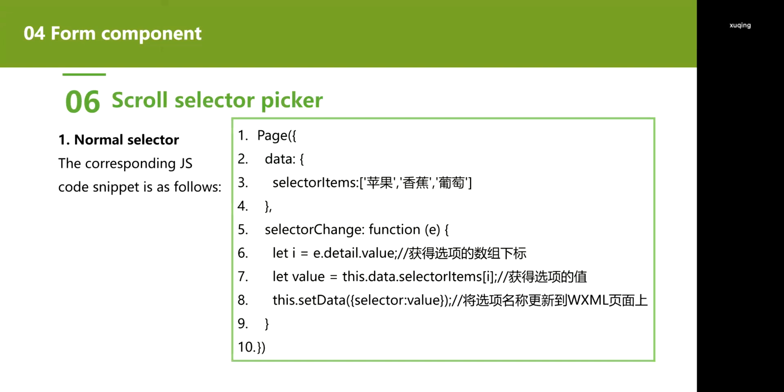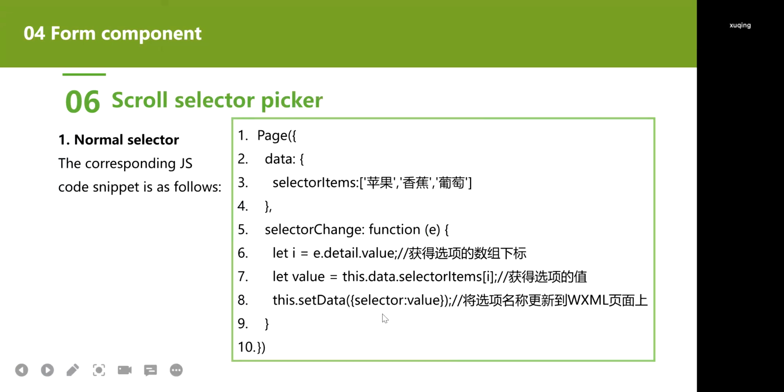Here we have the corresponding JS code. We put selector items in data, and we set this function selector change. This one is to obtain the index of the choice, and then we get the value of the choice.